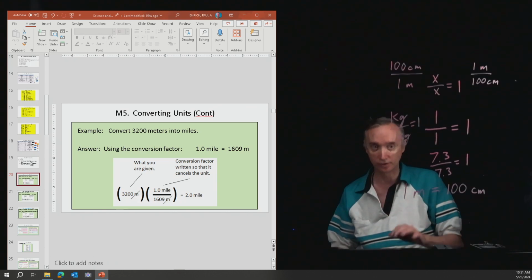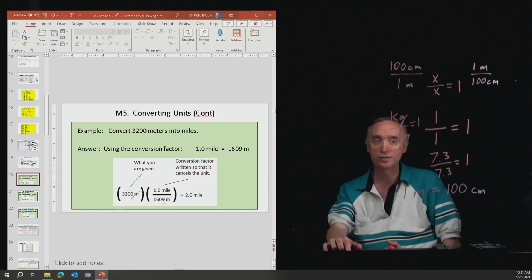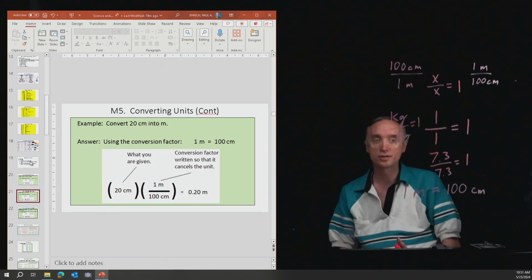That's for a different lesson. So that's how you would convert from meters into miles. Okay, here's another one where it says convert 20 centimeters into meters. Our conversion factor this time is going to be 1 meter has in it 100 centimeters.